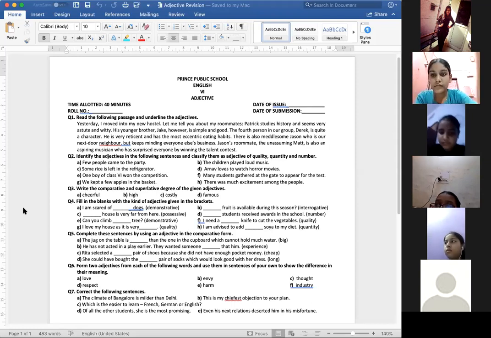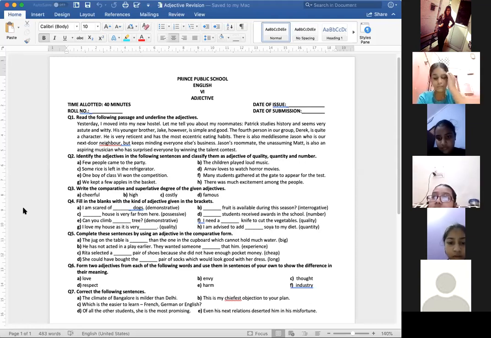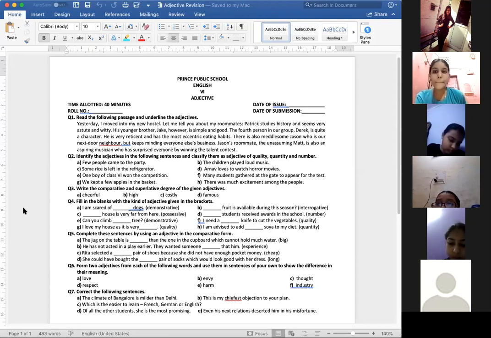Yes, this is a simple sentence. There is no comparison. When there is no comparison between two people or more than two people, we cannot use the comparative or superlative degree. Simple. It will be the positive degree. It is my chief objection to your plan. Chief here means most important. Read the sentence, bache.